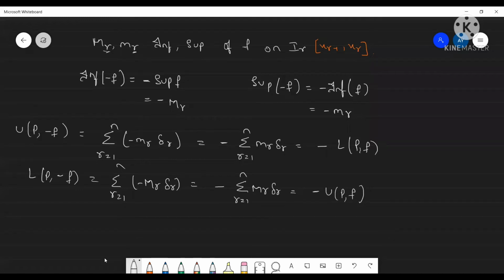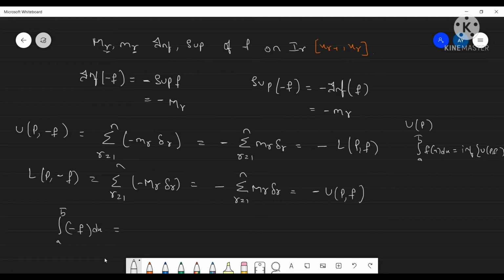Now we'll define the integral. Upper integral a to b of minus f of x. So what is that we have to define? Integral of minus f equals minus integral f. Upper integral a to b of minus f of x dx is equal to, how will we define the upper integral? Upper integral a to b of f of x dx is the infimum of all the U(P, f).